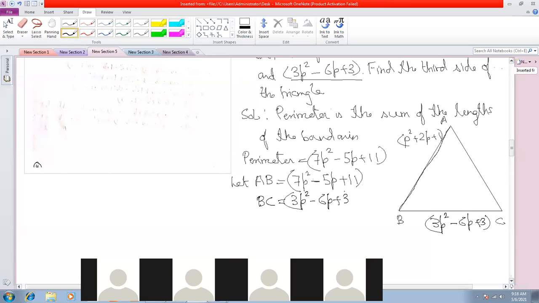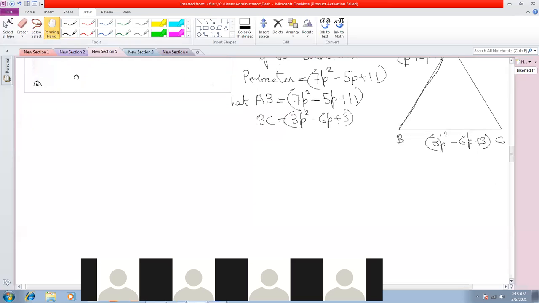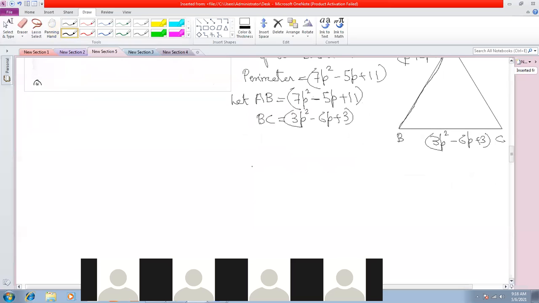Now the question is, what is the third side? What is the remaining side here? This side remains, isn't it? This side is AC. So what is the definition of the perimeter? The sum of all sides.